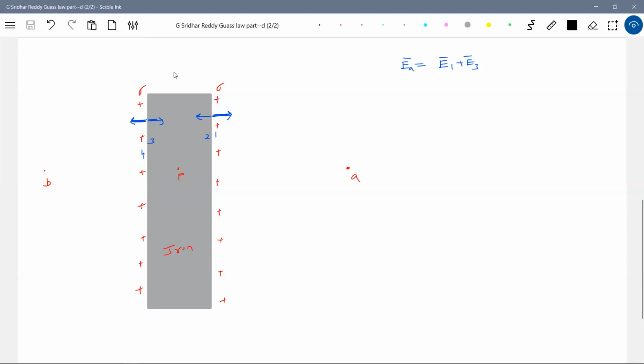Though it's an iron conducting plate, there's a charge here and no charge there. So how does this surface look? It appears like a non-conducting sheet. Similarly here also, charge and no charge. If you recollect the non-conducting charge sheet, we showed it like this, like a paper.